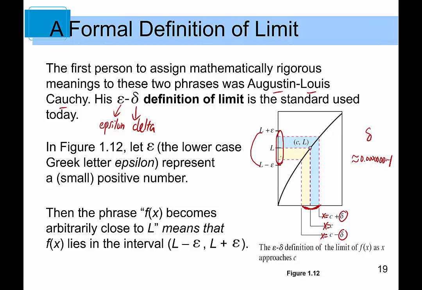So then when x approaches c from the left hand side and right hand side of x equals c, f of x becomes arbitrarily close to L, right? Means that f of x lies in the interval L minus epsilon, comma L plus epsilon. Again, epsilon is a very small positive number.